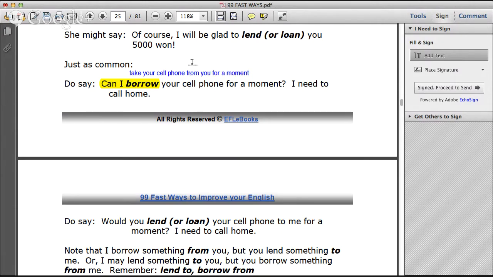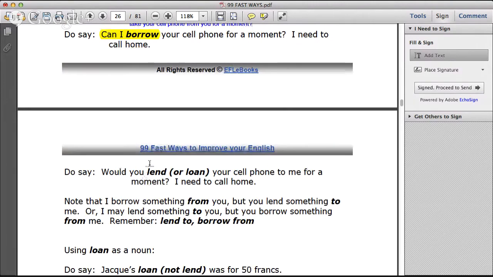If that helps you with borrow, think of take. Can I grab it from you? Here, would you lend? Would you give? Will you give me your cell phone? So if that helps you with lend, think of give.